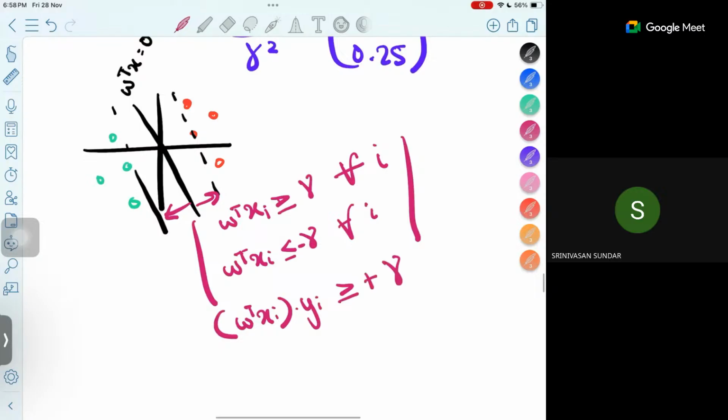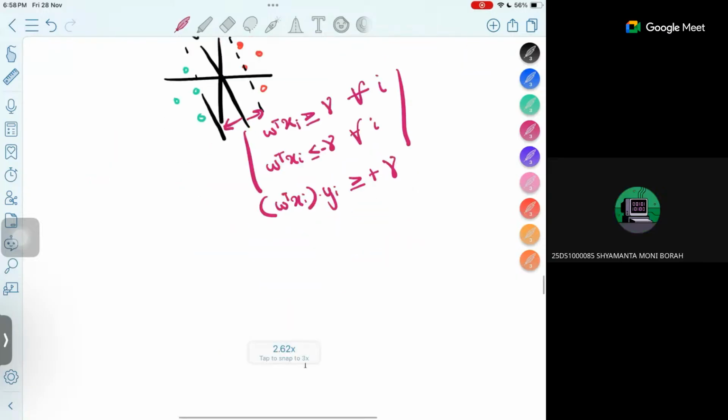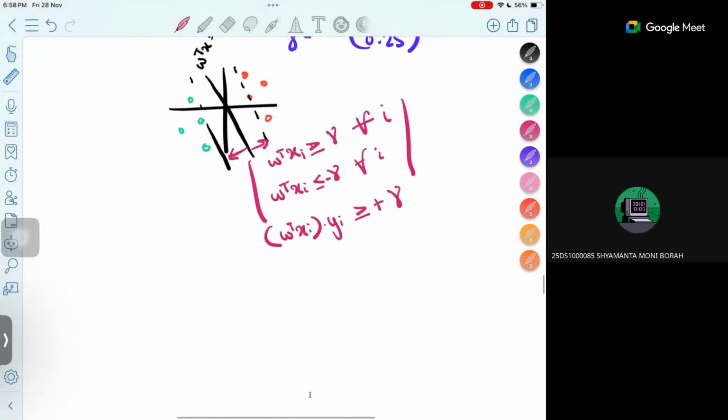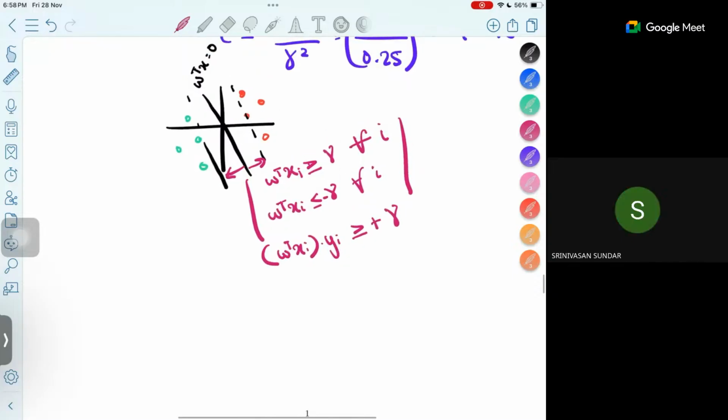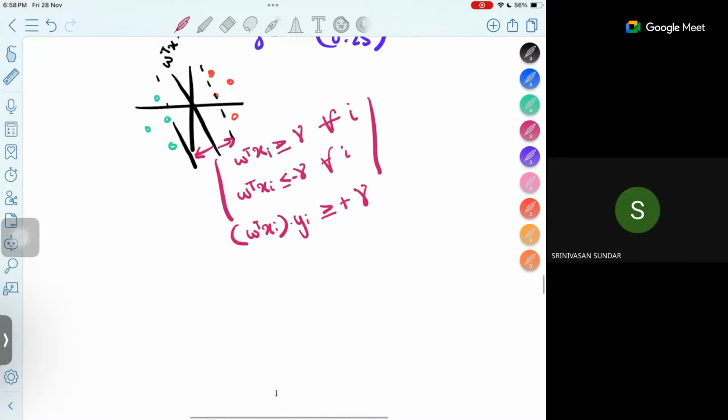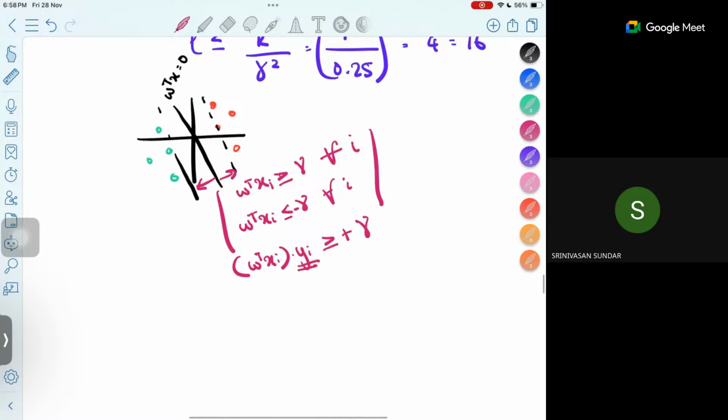Okay, understood. Definitely, it will be positive for Y equal to 1 only. Yes. All the positive points have the label +1, and they will always fall on the side of the decision boundary where they make a positive dot product with the true W.